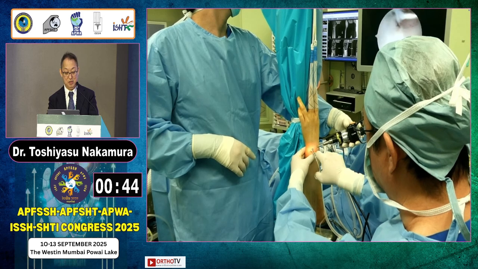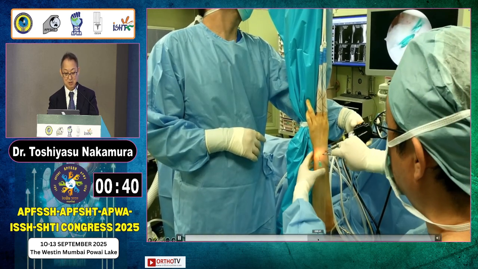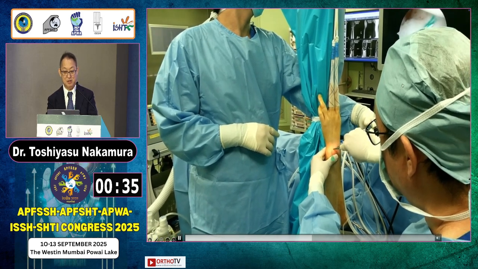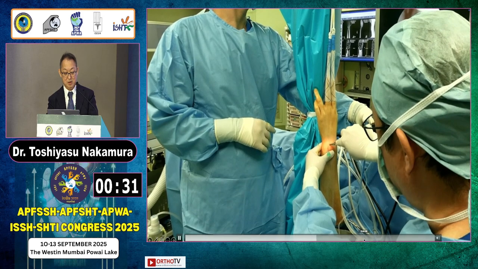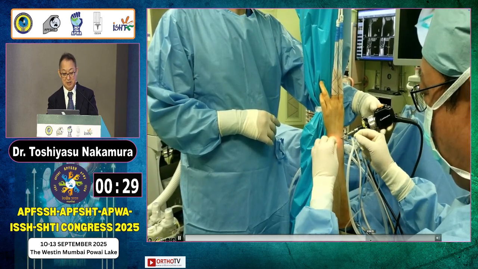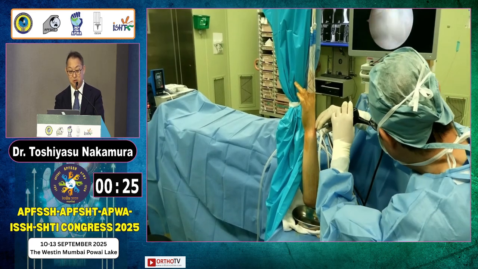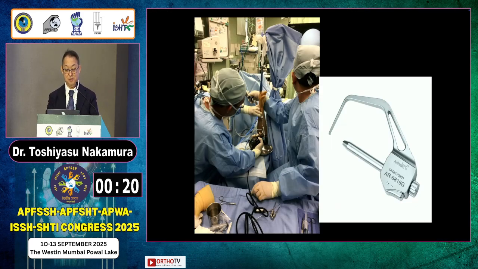Then I open here. A little bit longer video. I put needles passing through here. You can see loops inside. Then once the loops go outside, I introduce the sutures into the peripheral side to repair.